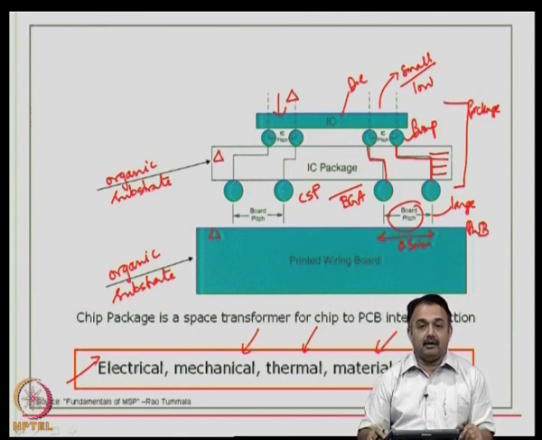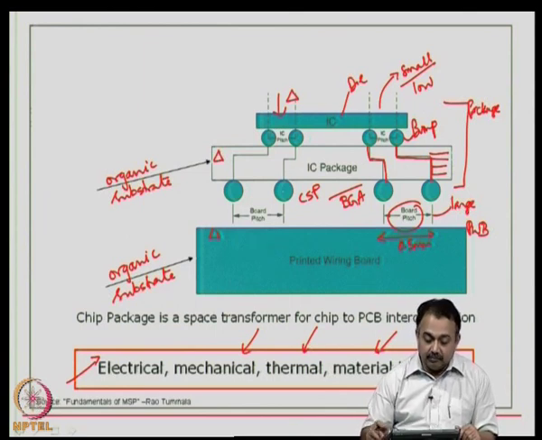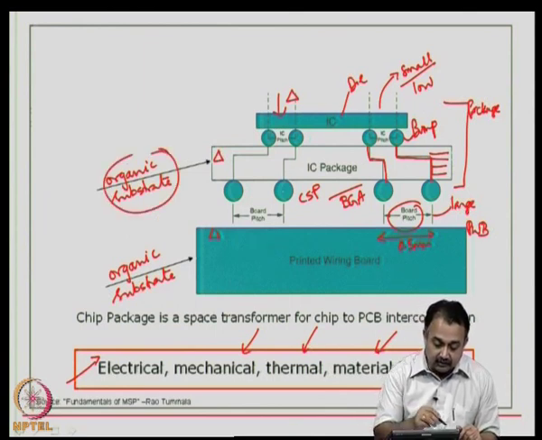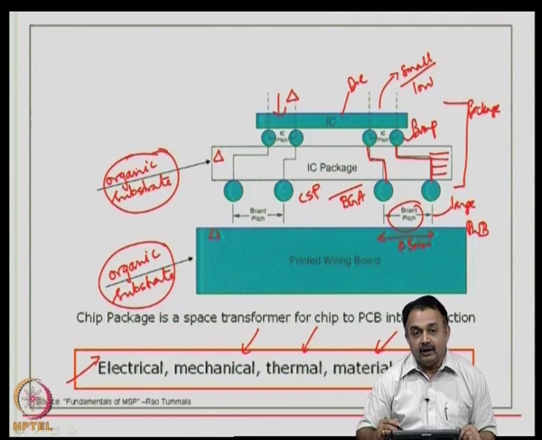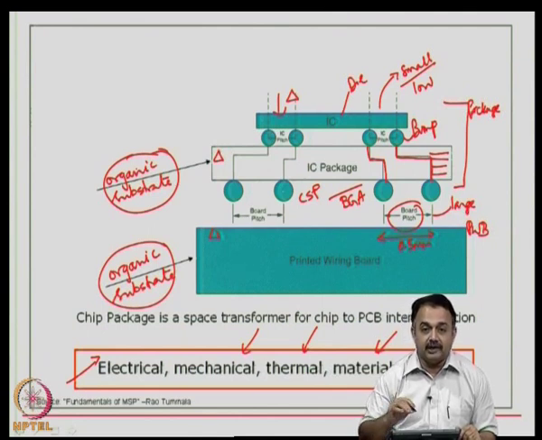And then materials issues. When you design a particular package for which a particular organic substrate is used, if you use dielectric materials which are conducive for the application, then you are saved.